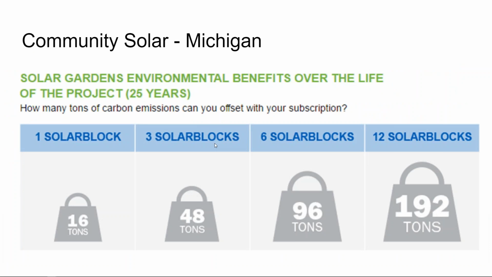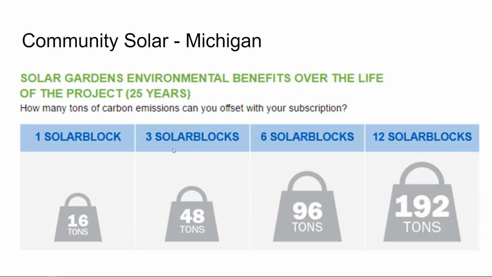Michigan has a different community solar project, which I think is the kind of hybrid approach. What we've seen so far are two examples where you just call up your power provider, get onto the community solar rate, and either your rate goes up or it goes down, but you're not spending money out of pocket.